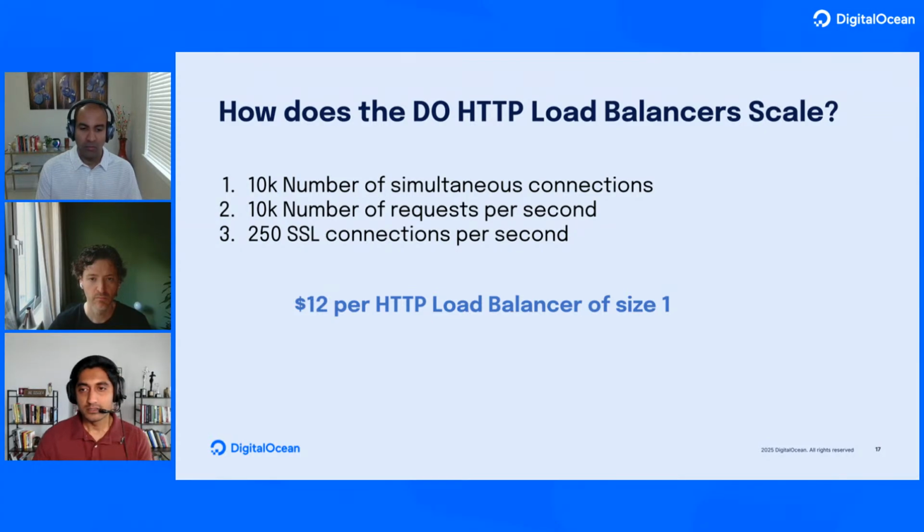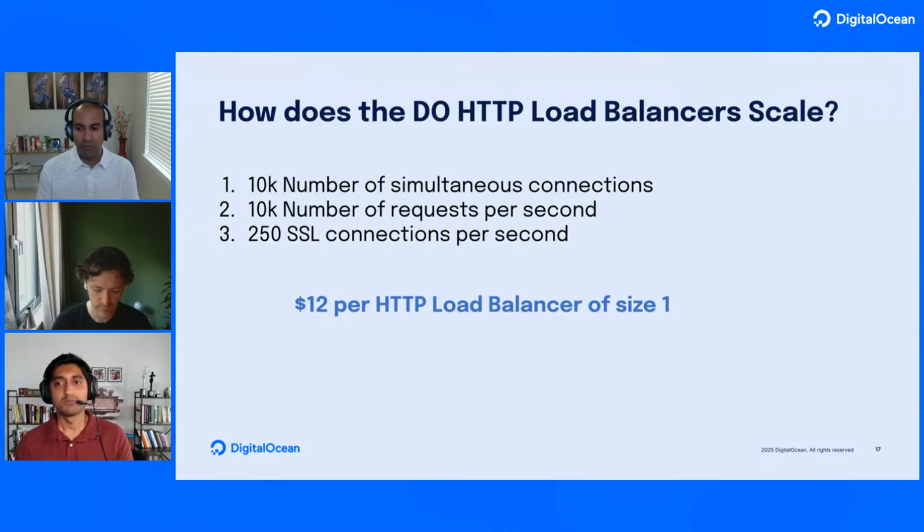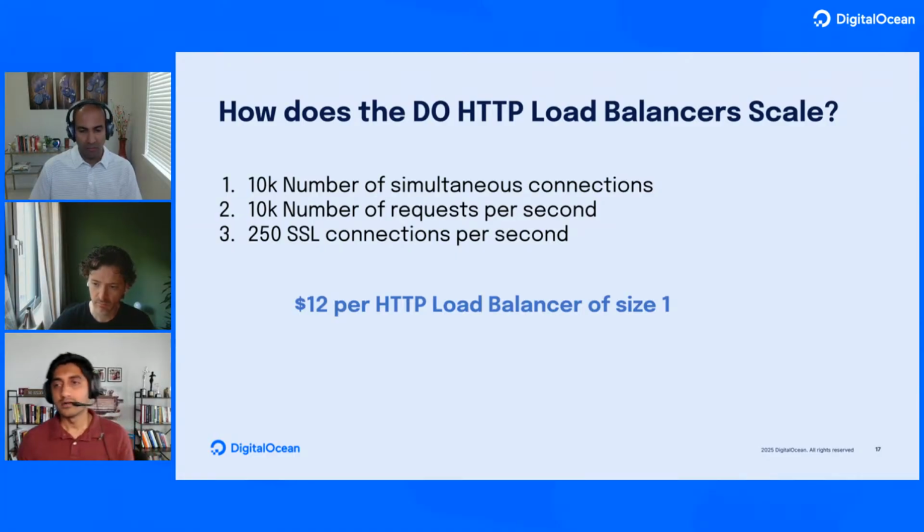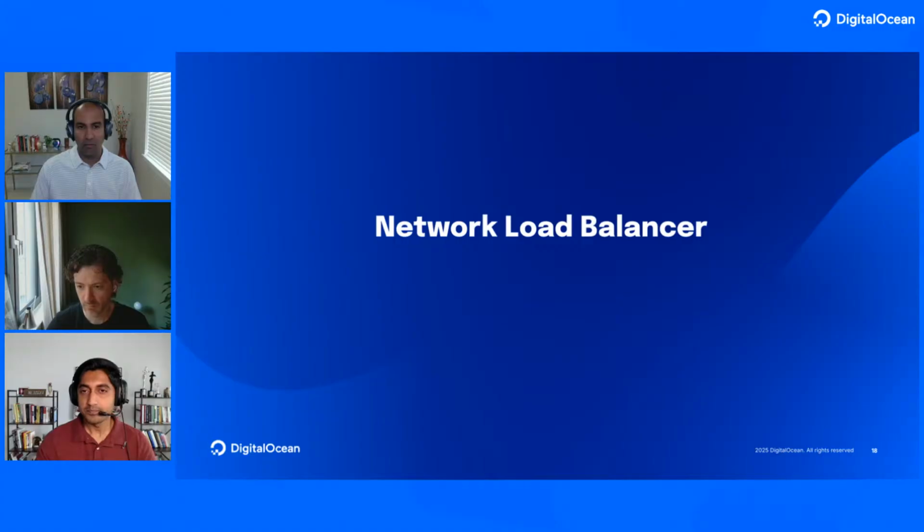You can take your baseline metric of the number of simultaneous connections that your application sustains in a month. Let's say, for example, your application needs 200,000 connections at its peak, which means you might need 20 HTTP load balancer nodes. This is how I would do the math of how many load balancers I would need for the HTTP load balancer scenario. Next slide.